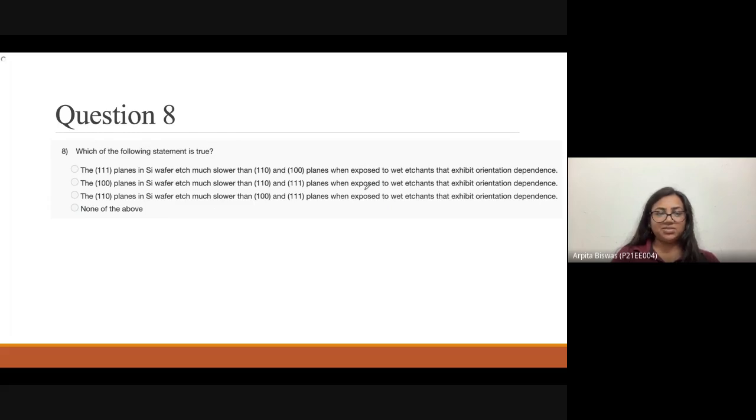And the third option is that the 110 plane in Si wafer is much slower than 100 and 111 planes when exposed to the wet agent that exhibit the orientation dependence. And the fourth option is none of the above. So please go through the question carefully and then try to give the right answer. There is no hurry, you take your time, but at least try.